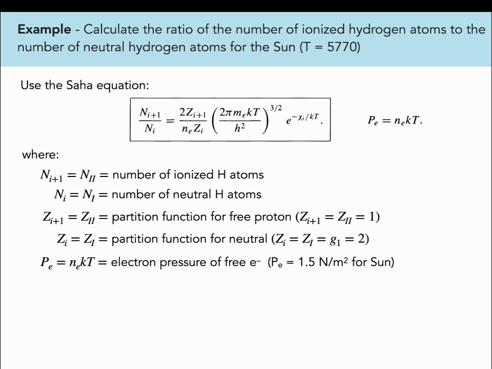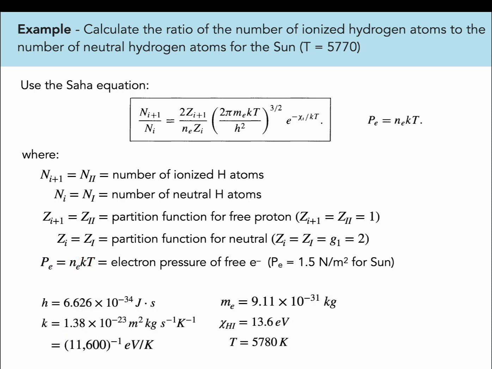For the sun, we know that the pressure of free electrons is about 1.5 newtons per meter squared. That's an average value. So from that, we could actually calculate what the number density of free electrons is from the ideal gas law. These are the constants: mass of the electron, the ionization potential for hydrogen, 13.6 eV, and the temperature.